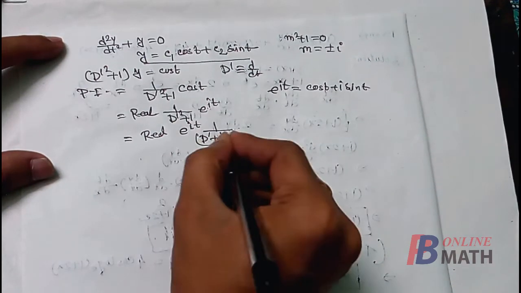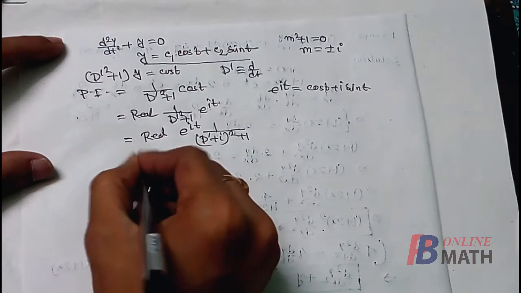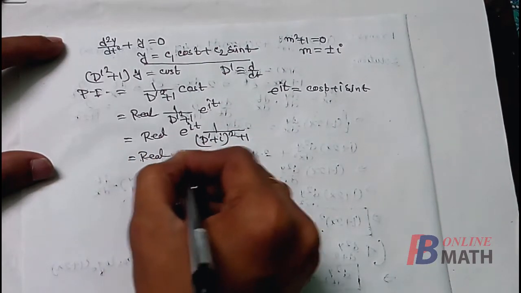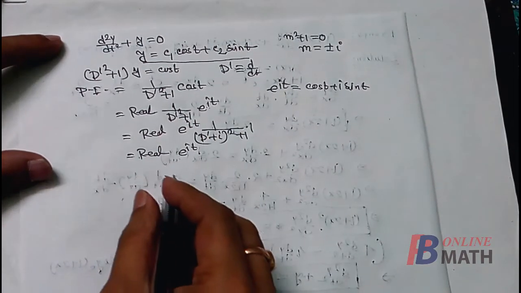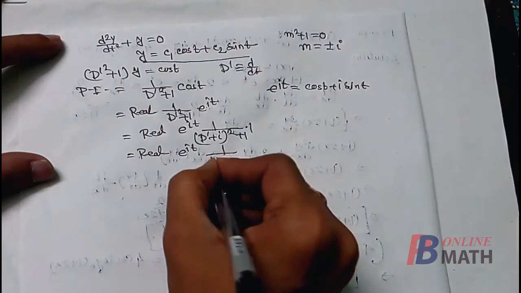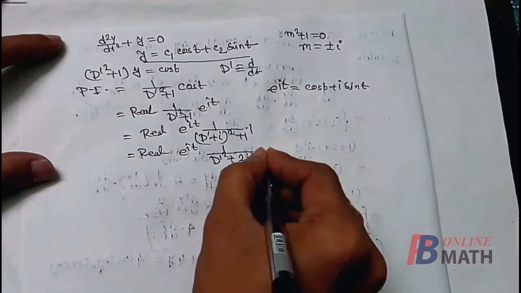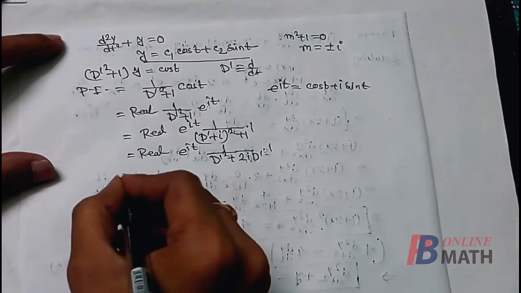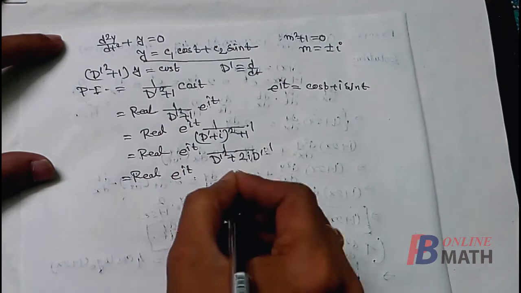So (D' + i)² + 1. This is the rule. Next, this is the real part of e^(it). Now there is only 1 there. So this is nothing but D'² + 2i D' on 1. So it is real part of e^(it).